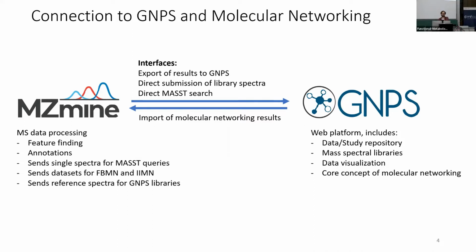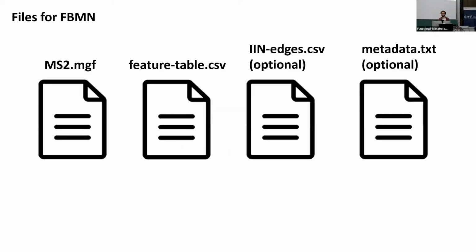But there are also later ways how you can link up your data better and organize it better on Massive, because everything that runs on GNPS is then also stored in Massive. So what did we actually push to GNPS? We had the MS2 MGF, which was generated from the GNPS export in MZMine. It's a spectra file.